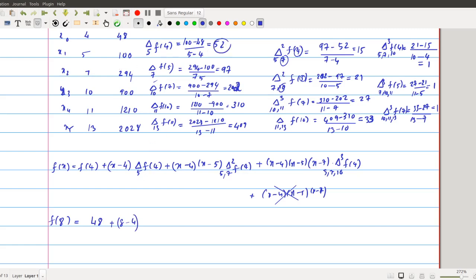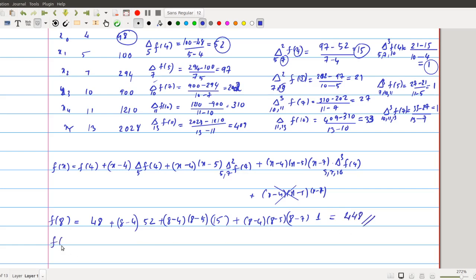First we choose 48, then 52, so this is into 52, plus 8 minus 4 into 8 minus 5 times that number, which is 15, plus 8 minus 4 into 8 minus 5 into 8 minus 7 into this value, that is 1. So this is equal to 448, which is the value of f of 8.